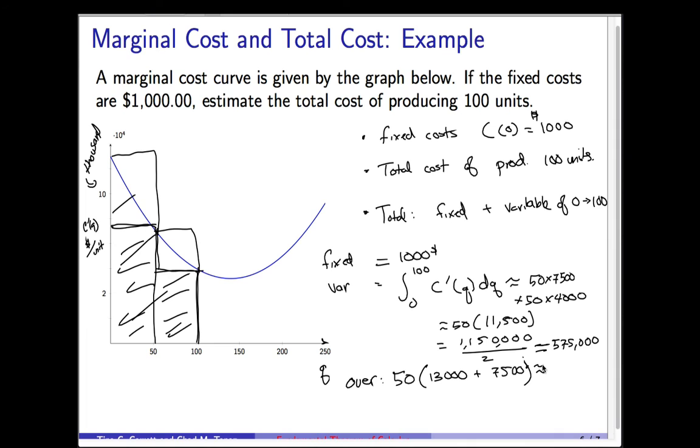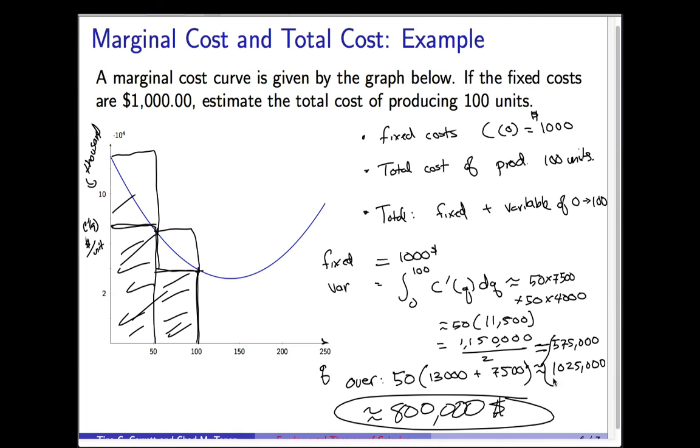And I think if I computed that right, that's about 1,025,000. So a good estimate is probably somewhere in between, and I would say perhaps the total cost would be about 800,000. Now this is pretty rough, but I'm just picking something between the underestimate and the overestimate.